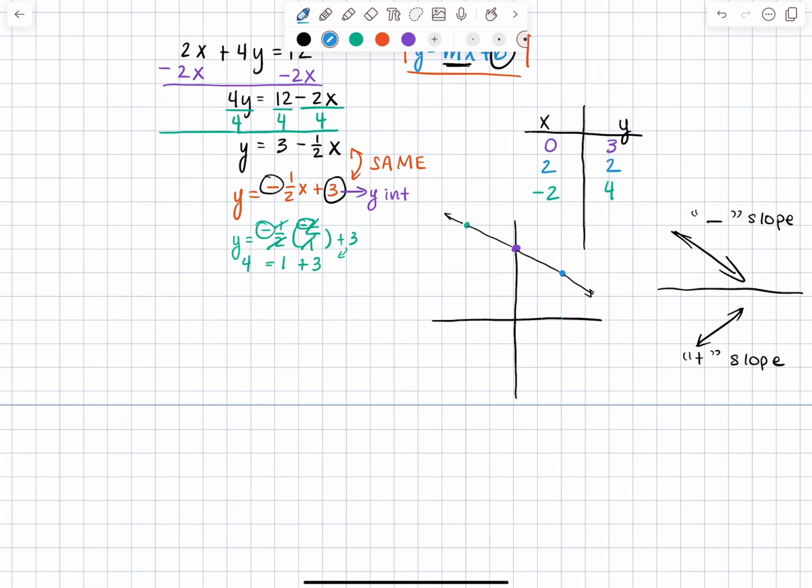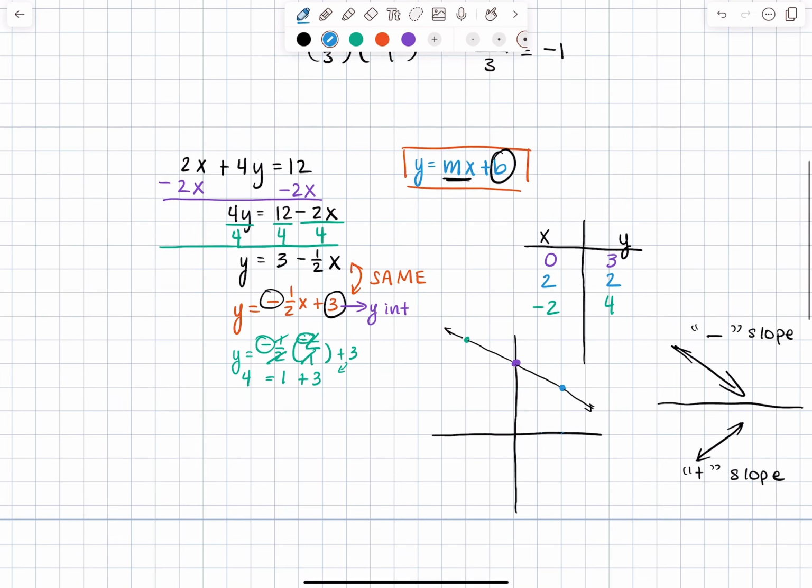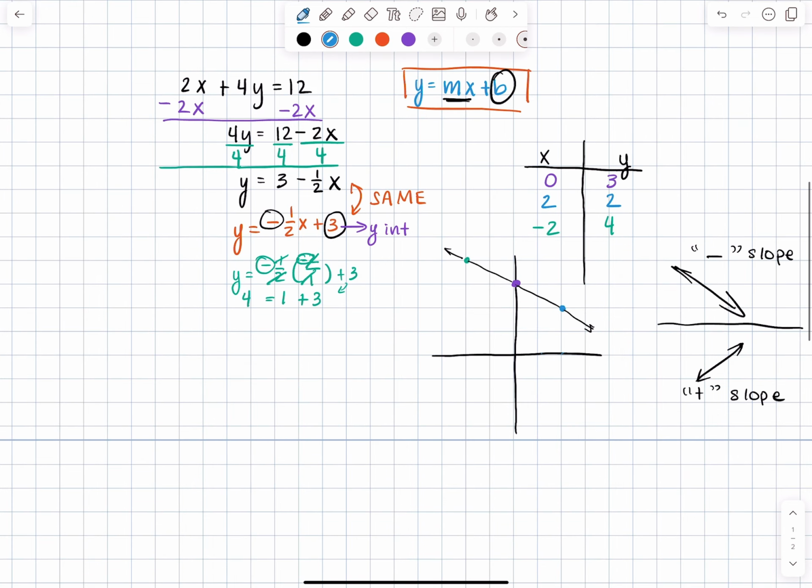And then we can check that out. Slope is equal to rise over run. So our rise is negative. Remember, we can never have a negative in the denominator. The negative just moves up to the numerator.